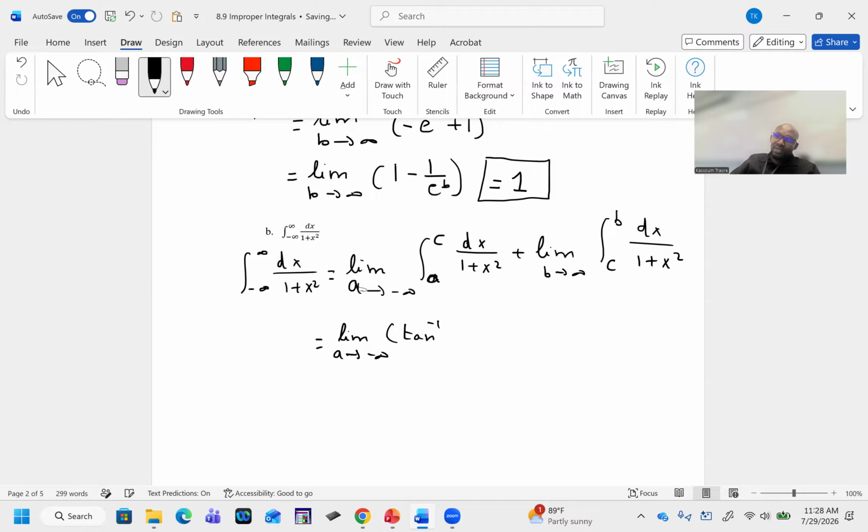Tangent inverse of x. So we will choose our c to be 0 in this case, okay? I'm going to choose 0 since it is easy to evaluate for tangent inverse.